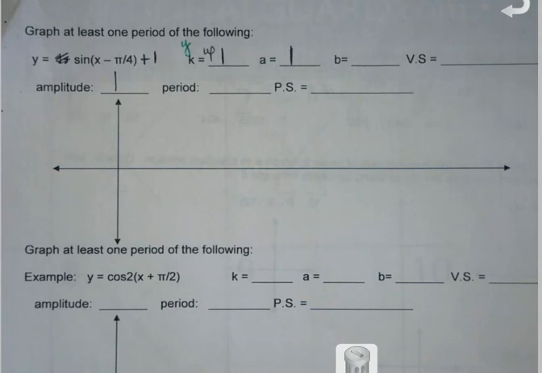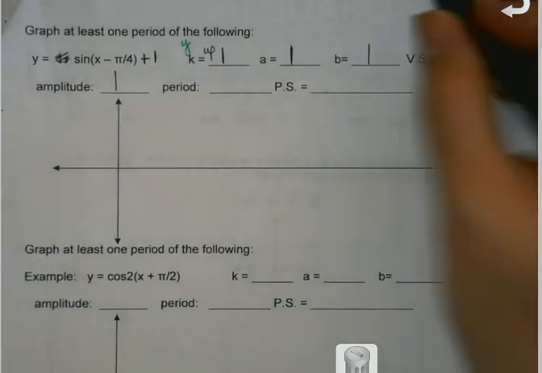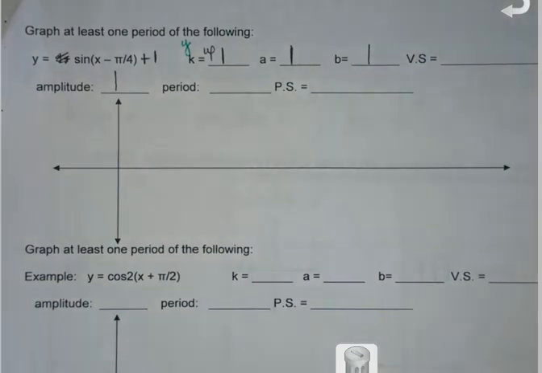I'm good with that. So I get to this next one and I go, okay. So now my b value, I don't see anything in front of x, so my period's not going to change. That's always fine with me. So my vertical shift goes along with my k.